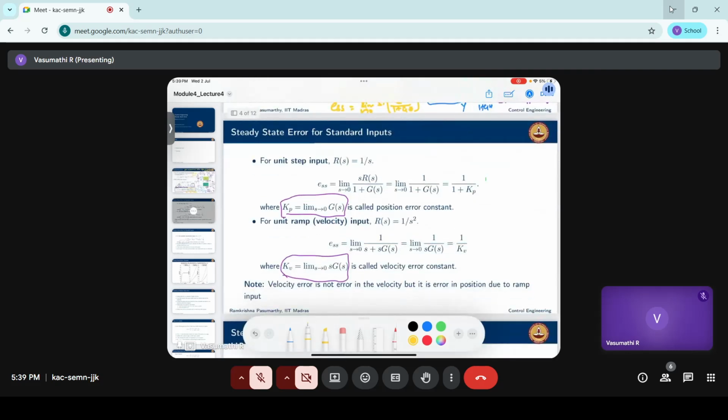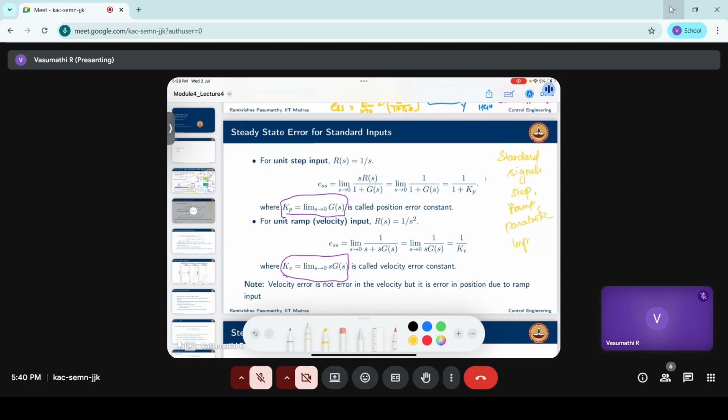For steady state error, you can find it directly, but usually we give some hints for standard signals like step, ramp, parabolic. Impulse won't be there. These are all standard signals.